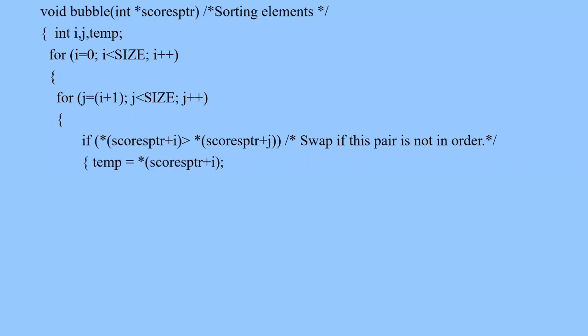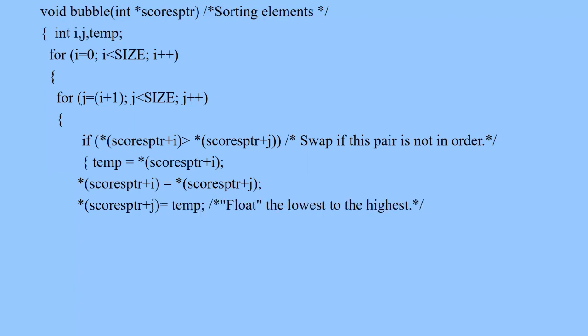Create a memory location record temp and assign the current content of the memory location being pointed to by scores pointer plus i to the variable called temp. And then pick the current content being pointed to by the pointer called scores pointer plus j and assign it to the memory location being pointed to by scores pointer plus i.